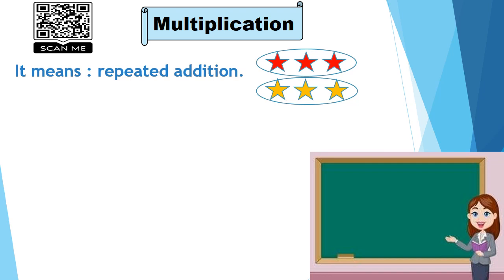So the total number will be 3 plus 3, 3 red plus 3 yellow. This is called repeated addition because we add the same number many times. So the same number is repeated and added.